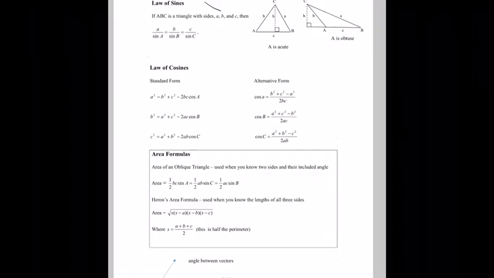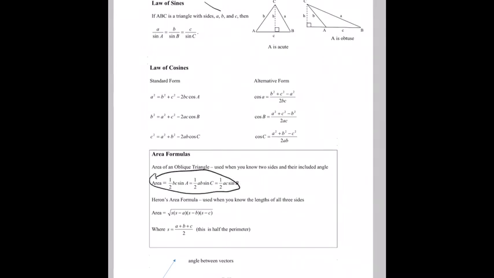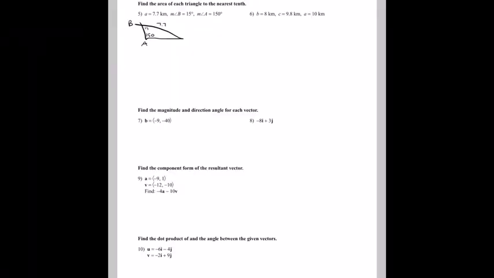To use one of these area formulas, we need to know two sides and the angle in between. The included angle means the angle in between. So we don't quite have that. We need to find another side.